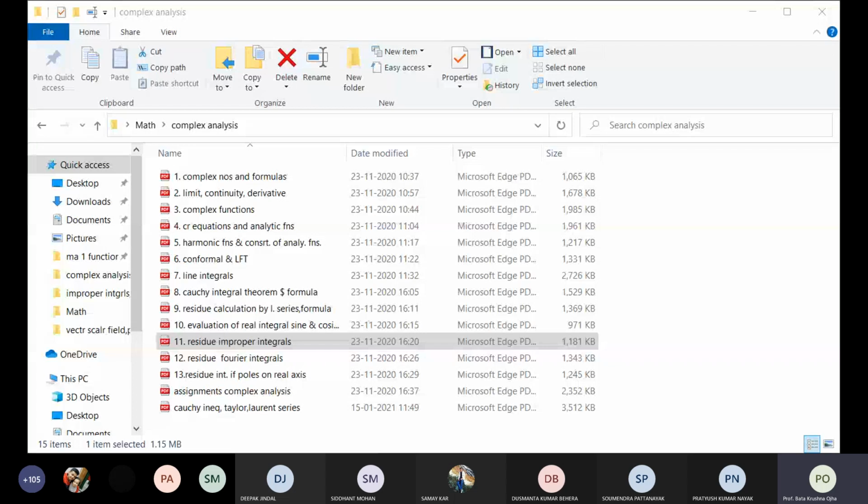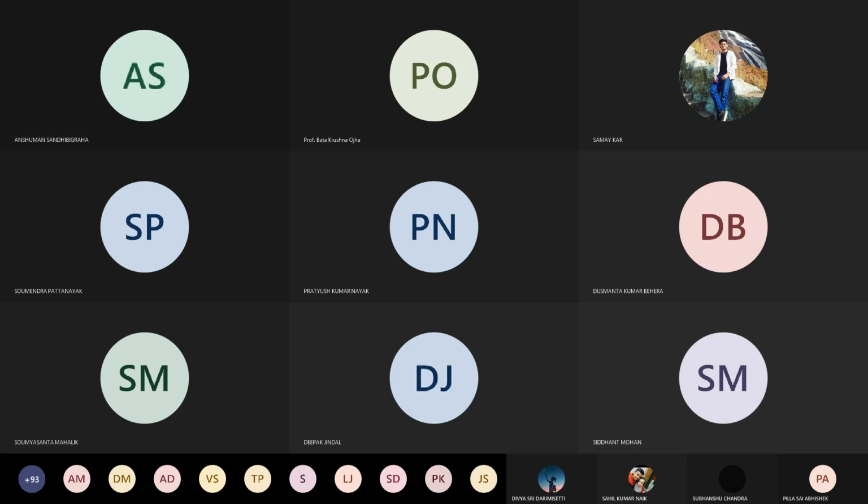Sir, the PDF you have not opened actually. I think you have not shared the PDF. It is only showing the list of PDFs. I have not sent the PDF. No, sir, on the screen it is not visible now. So it is in the file section, that is the complex analysis file. It is currently showing the screen.